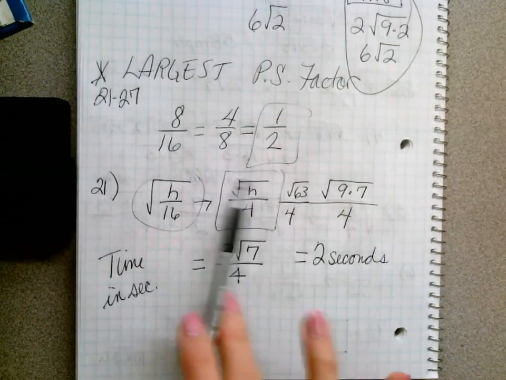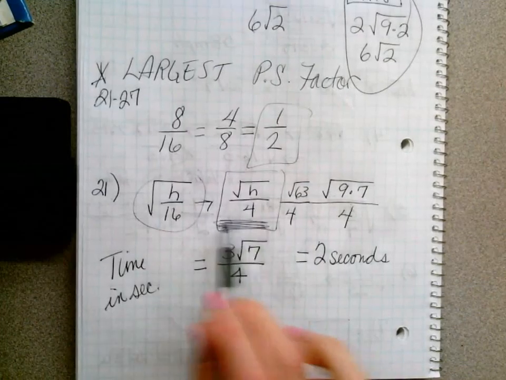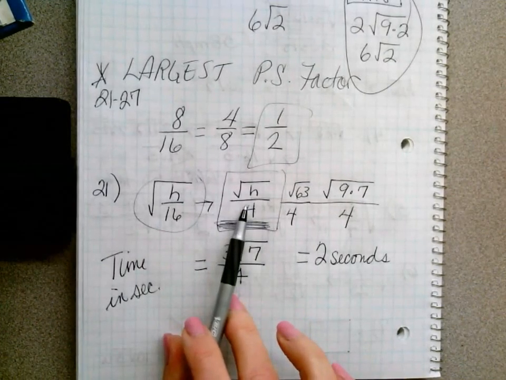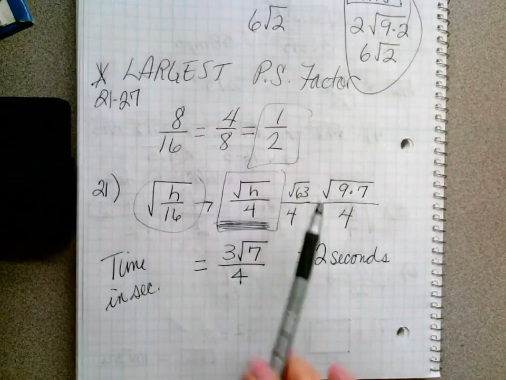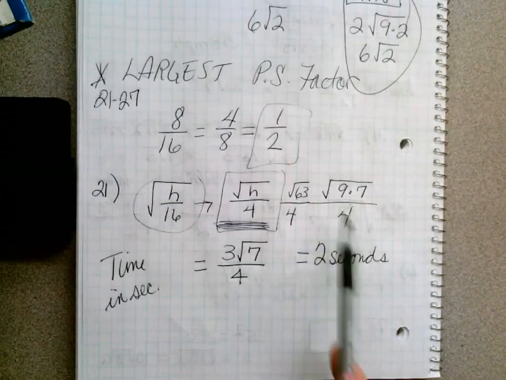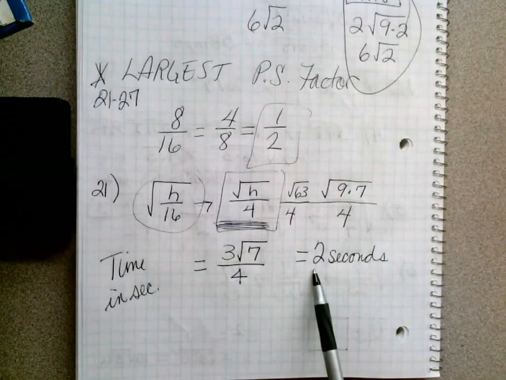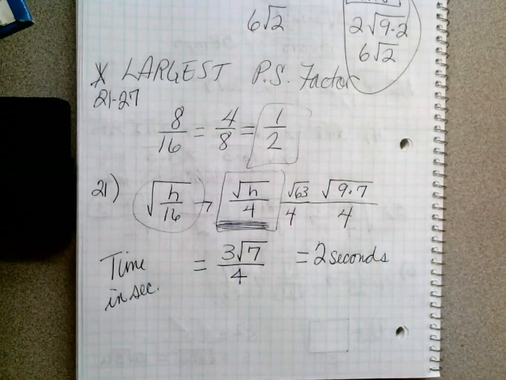Here's the expression. It says write the expression in simplest form. That's this. I reduced it. Then approximate your answer. There's the square root of 63, which is 9 times 7. Square root of 9 is 3. 3 times the square root of 7 divided by 4 is 1.98. So it's approximately 2 seconds.